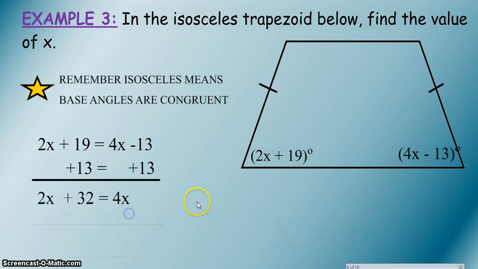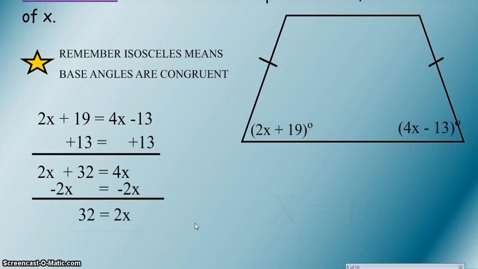Then we have to get all of our x's to the other. We're then left with 32 equals 2x. Finally dividing by 2, x equals 16.